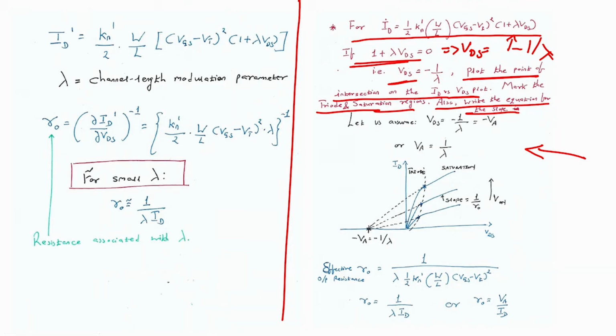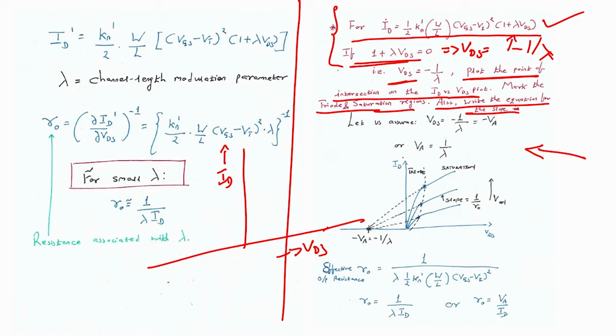So, what is the question? If I am given this equation and 1 plus lambda VDS equals 0, and I am asked to plot the point of intersection on ID versus VDS, that means I have ID, I have VDS, and I should plot a point for this given condition, and also tell where the saturation region is and where the triode region is. It is very easy. My VDS equals minus 1 by lambda.